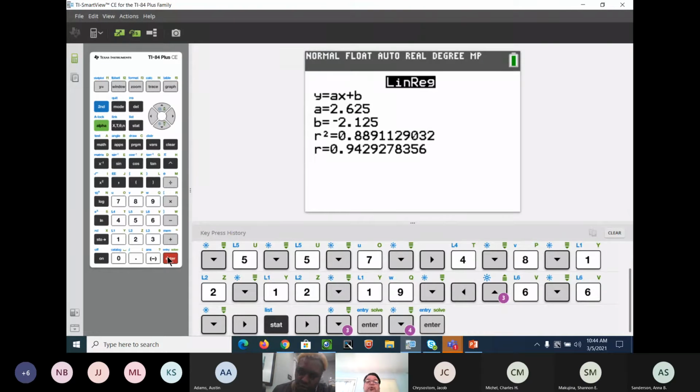Y is equal to 2.625x minus 2.125, and R is equal to 0.942928. I always carry it to 4 or 5 digits because they always ask for 3.